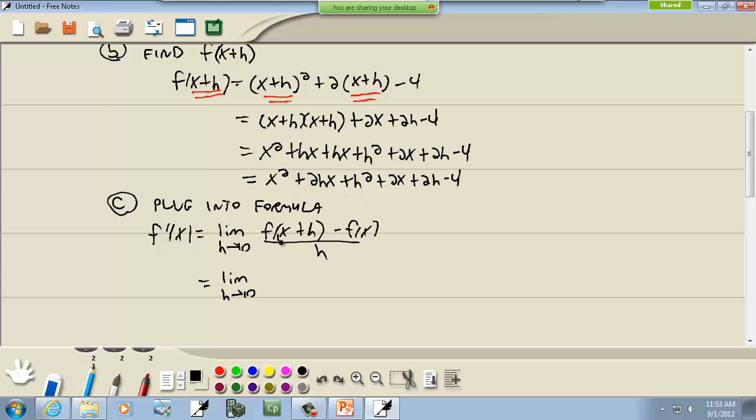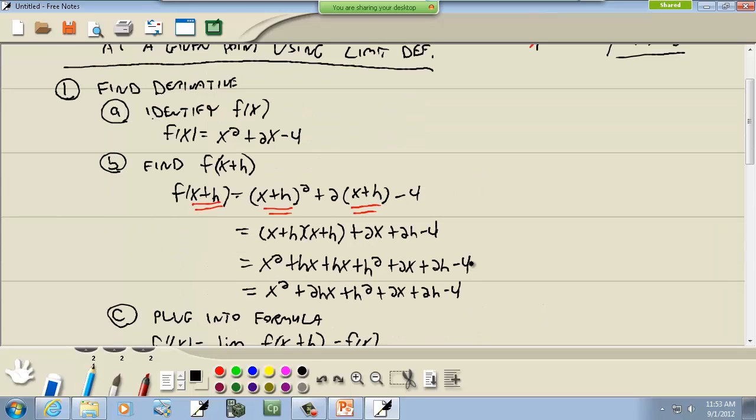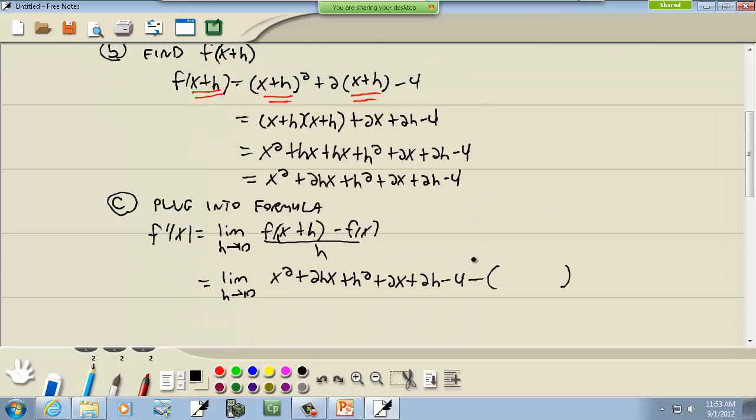F of x plus h is all this. So we got x squared plus 2hx plus h squared plus 2x plus 2h minus 4 minus f of x, whatever that was. So let me scroll up. That was x squared plus 2x minus 4. So x squared plus 2x minus 4. Then all over h.